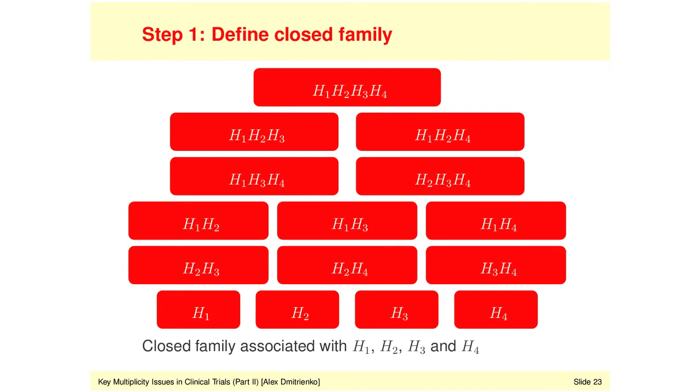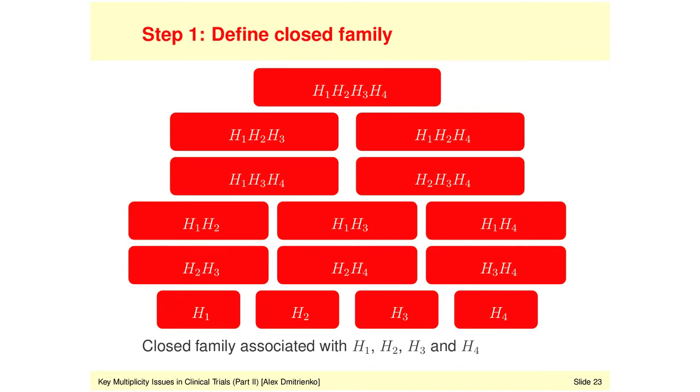A good analogy to make here would be to compare this diagram with an analysis of variance or ANCOVA model that could be used whenever we have 4 different factors. If we consider a saturated ANOVA model, it would include the main terms that would correspond to the individual hypotheses shown at the bottom of this diagram.